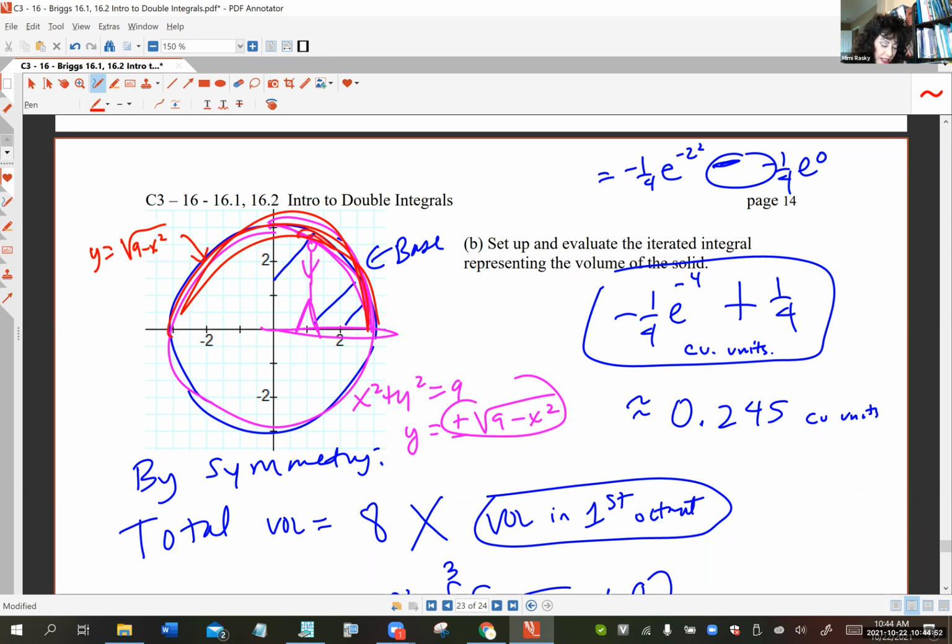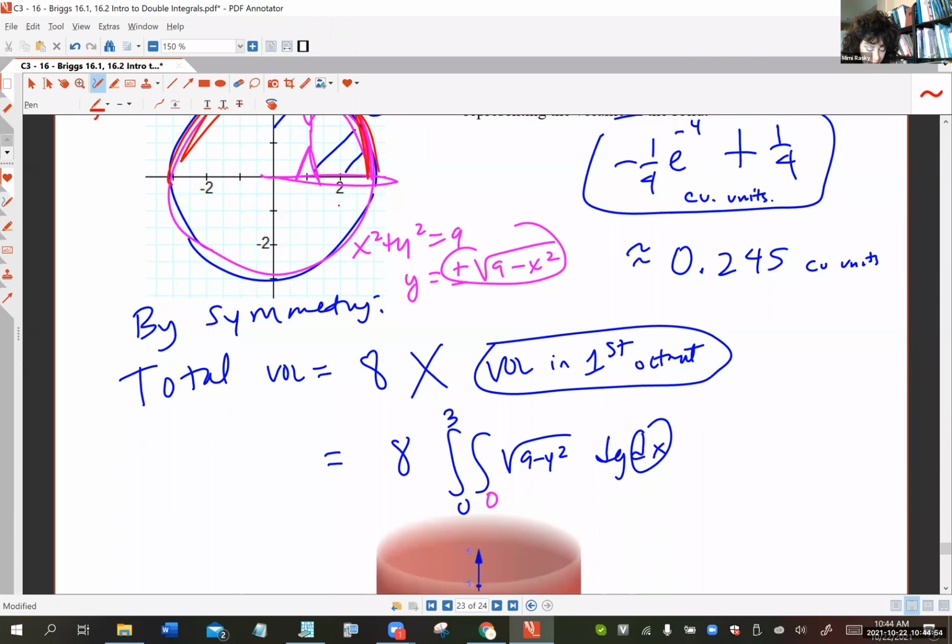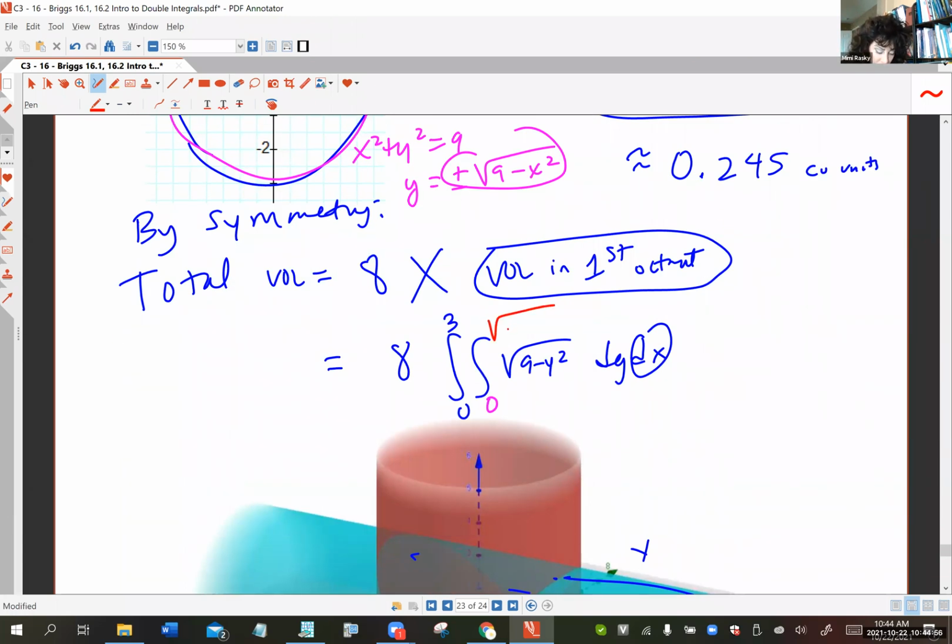And so we're going to take that, because that's where the little man's head is, y equals plus the square root of 9 minus x squared. Okay, we iterated the double integral. Now let's see if we can do the integration. Big problem.